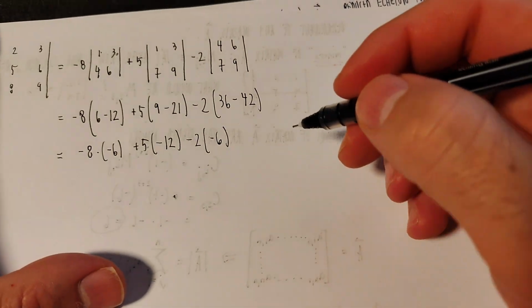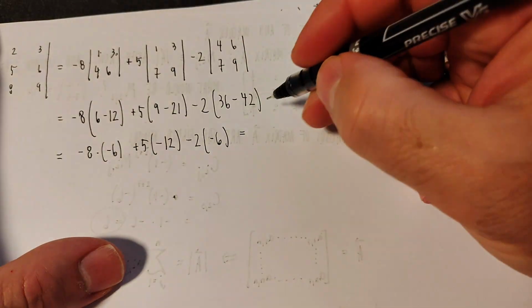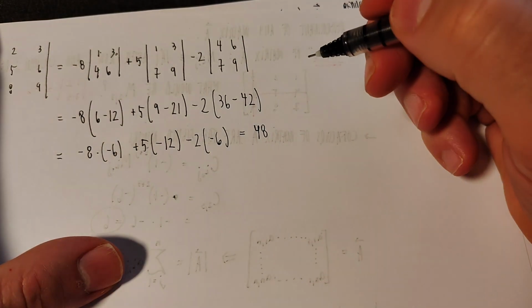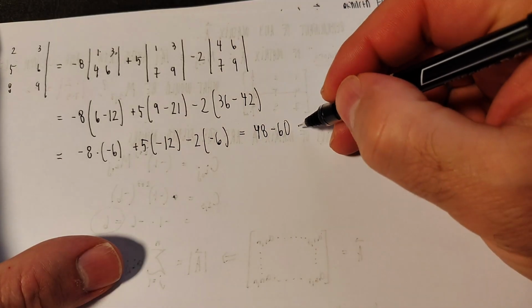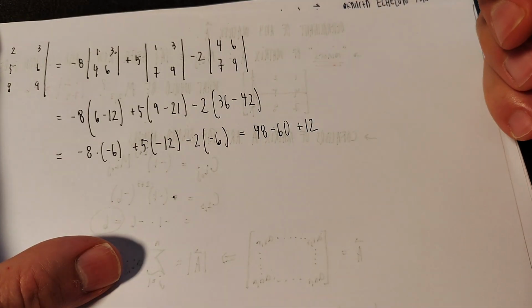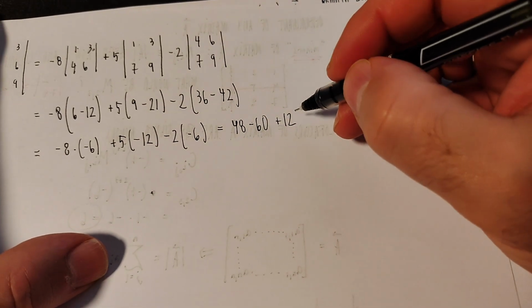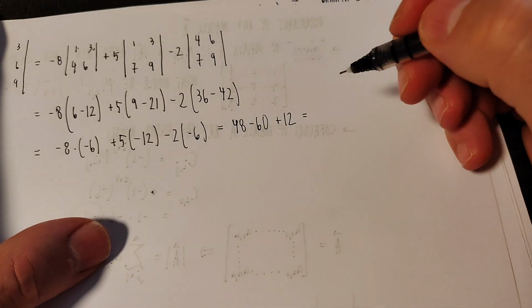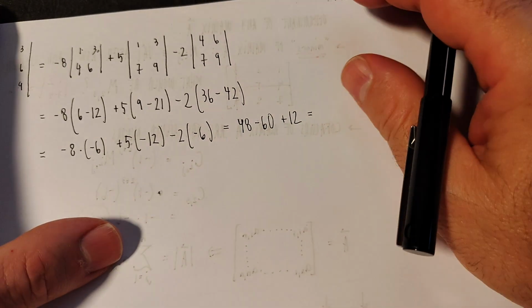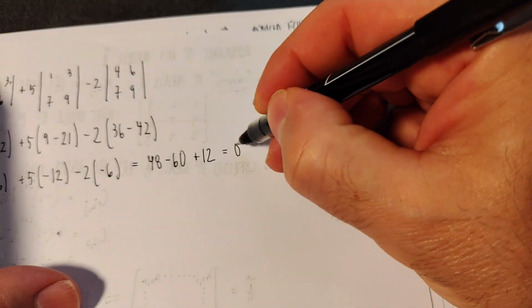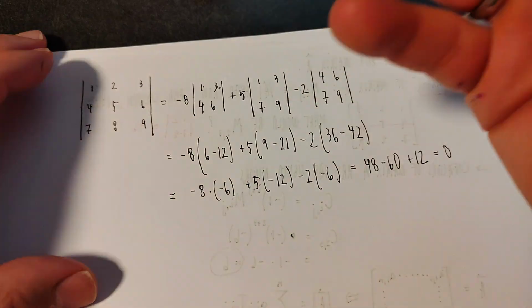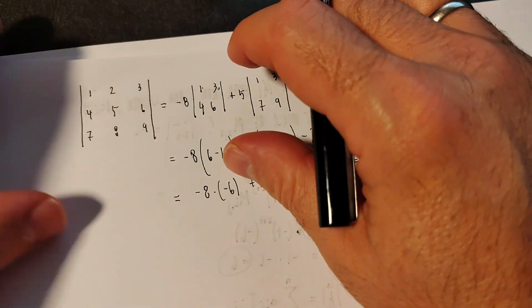All right. And we get 48 minus 60 plus 12. And that equals, oh my God. I can't catch a break here. That's equal to 0. So I guess this does not have an inverse.